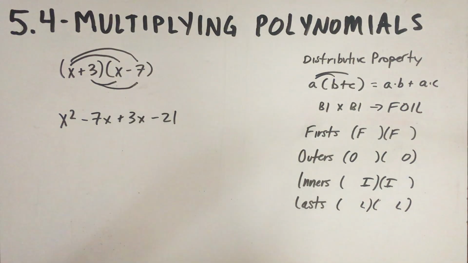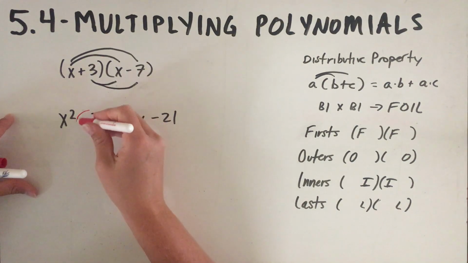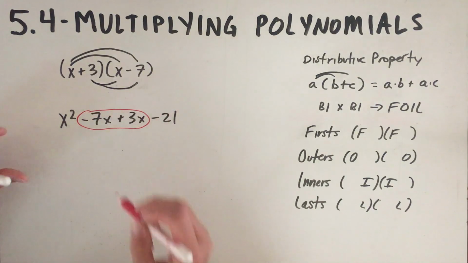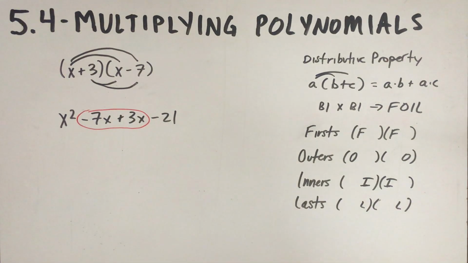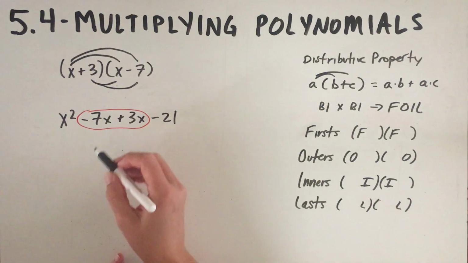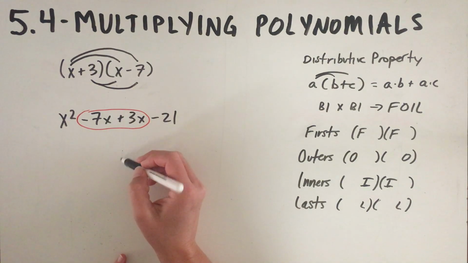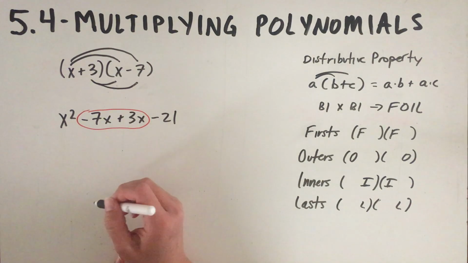So something we need to notice here, and this is often where mistakes are made, is that we just did multiply, multiply, multiply. But remember, now we need to check and see if we can add like terms. Well, the -7x and the 3x are like terms. So we need to combine them, and when we combine like terms, we combine their coefficients, not their exponents.